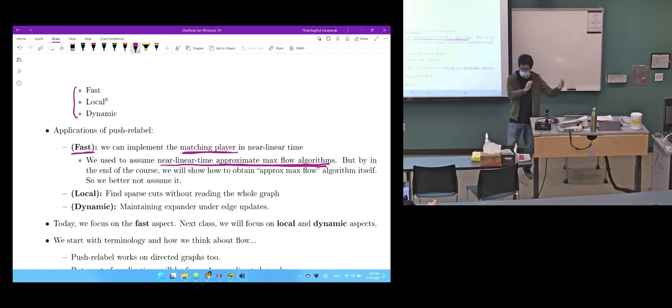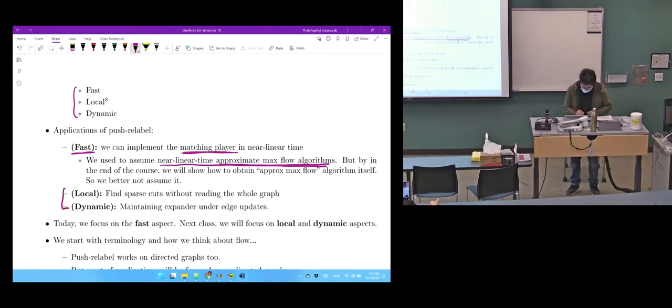One player is the cut player, and the other is a subroutine that either finds a sparse cut or embeds a matching. That subroutine is what I mean by the matching player. We said before that we can just use approximate max flow, which is fast. But here we're going to see that it can be done in linear time without any assumption.